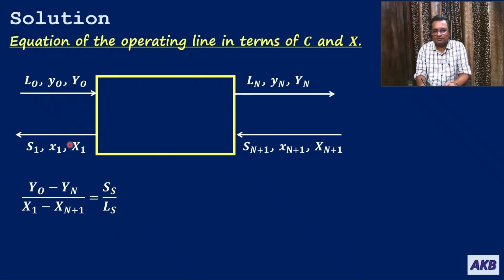So when you have the operation in this way, where the streams are defined with these parameters, then the operating line on an XY plot, where capital X is plotted on the x-axis and capital Y is plotted on the y-axis, has the equation in this form: capital Y0 minus capital Yn divided by capital X1 minus capital Xn plus 1 is equal to Ss upon Ls.